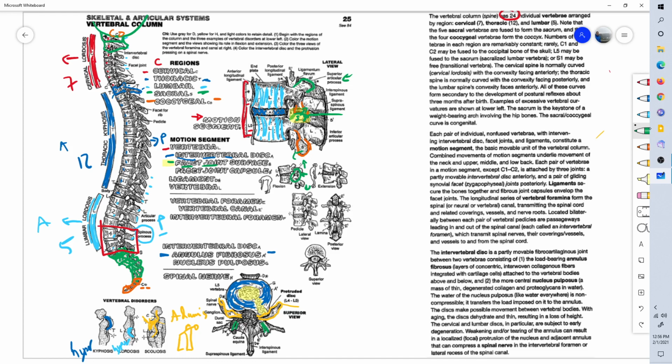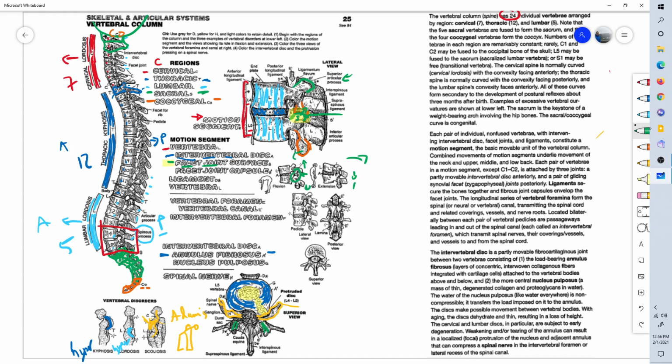Matter of fact, when you bend backwards, you can see how these two articular processes, the superior and inferior, try that again.